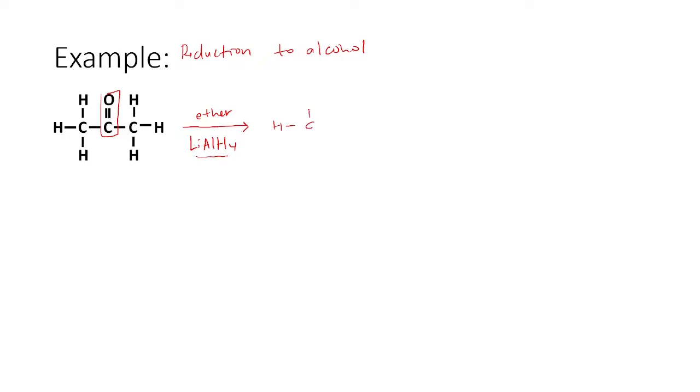Okay, let me draw. If you cannot understand this, maybe you can repeat the previous explanation. Okay, so this is the H that is going to be added. C, H, H. Okay, this is step 1.